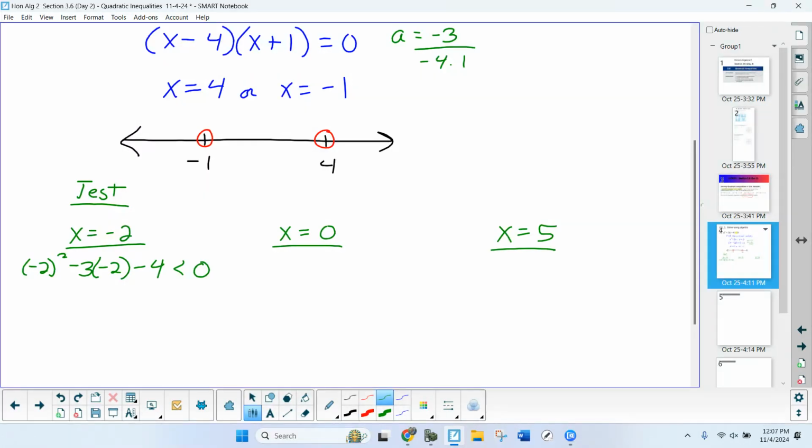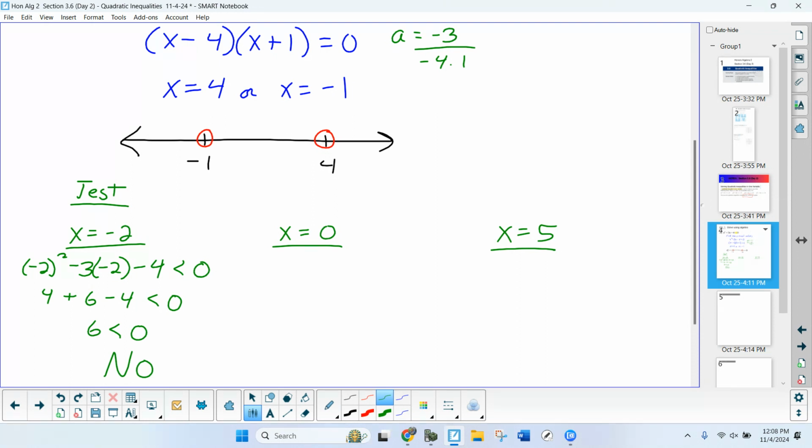Well, what's -2 squared? 4. And then what's -3 times -2? 6. Minus 4. What do you guys get there for that? Not 4. 6. Is 6 less than 0? No. So this one's no.